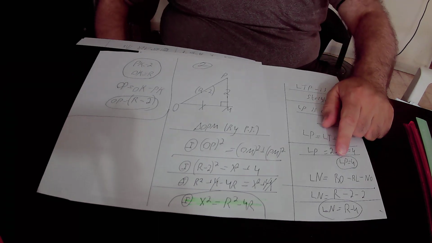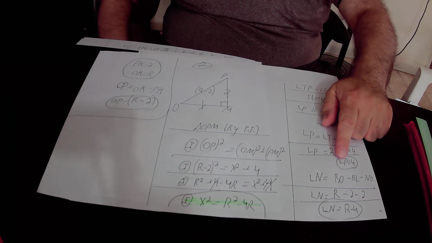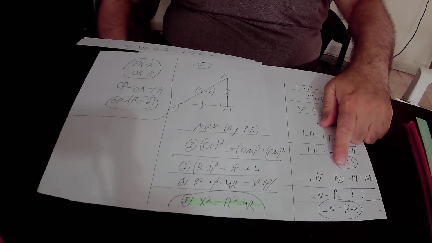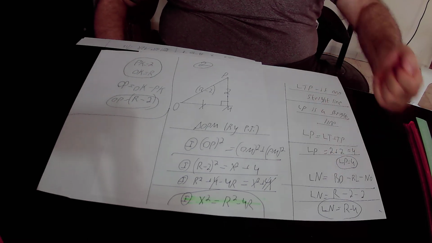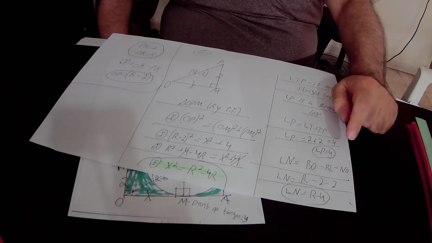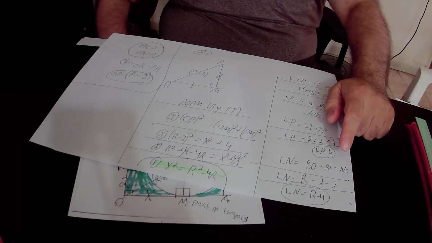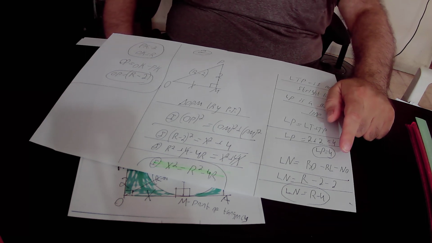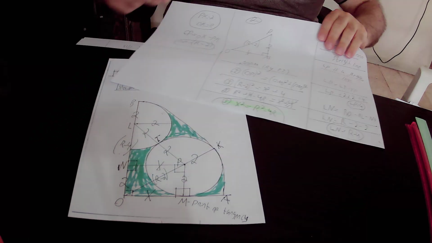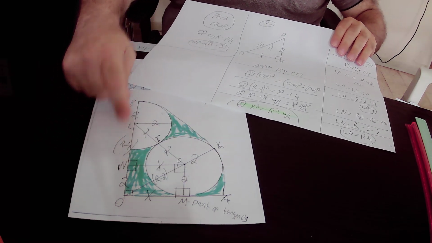So in conclusion, LN equals BO, the radius of the quarter circle, which is capital R according to our definition, minus BL, 2 units, and minus ON, also 2 units. So LN equals capital R minus 2 minus 2, minus 4. So in conclusion, line segment LN equals capital R minus 4.